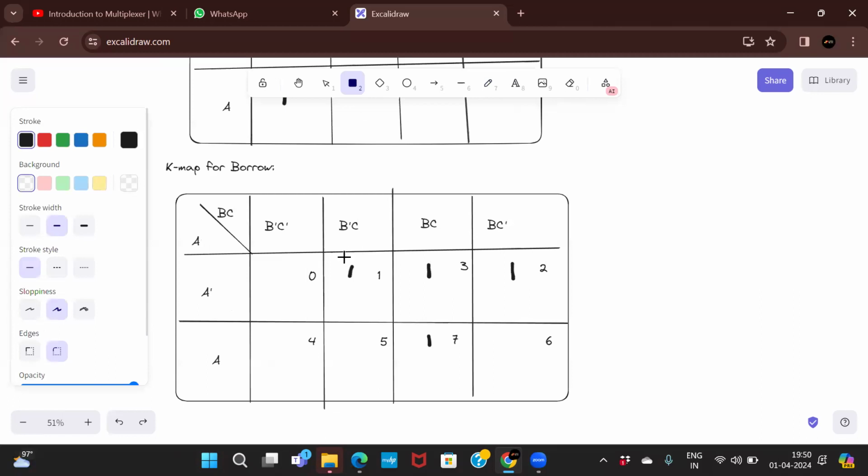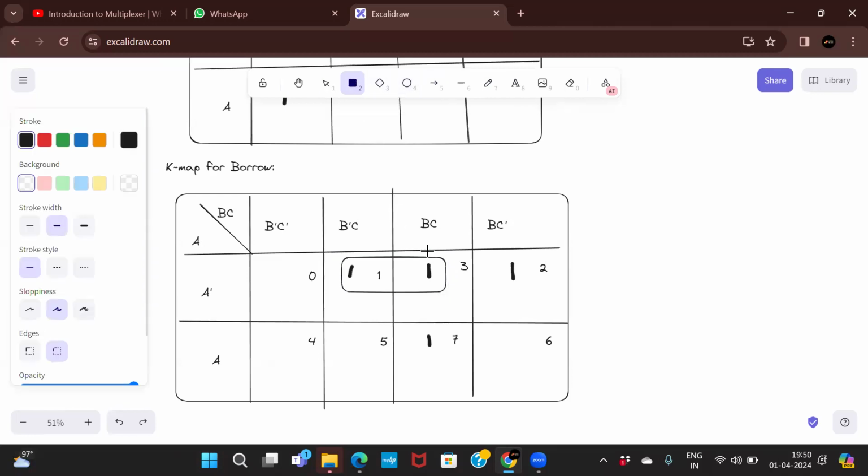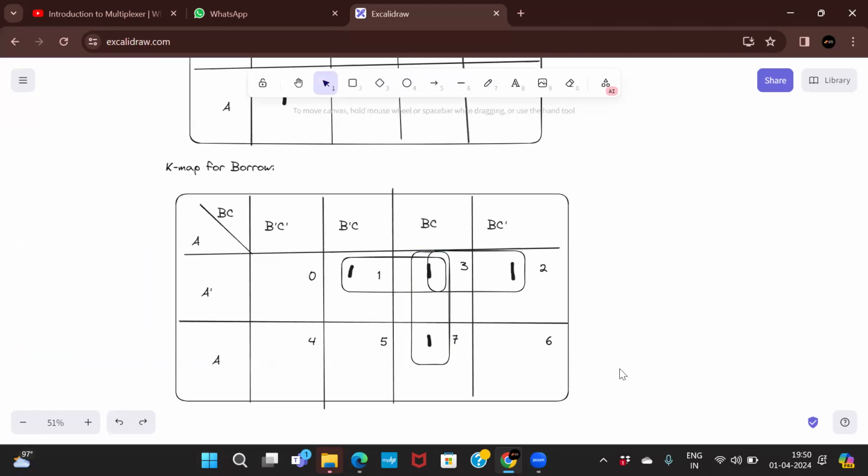Yes, one pair is 1 and 3, then 3 and 2, and again 3 comma 7. So these are the possible pairs that we have.